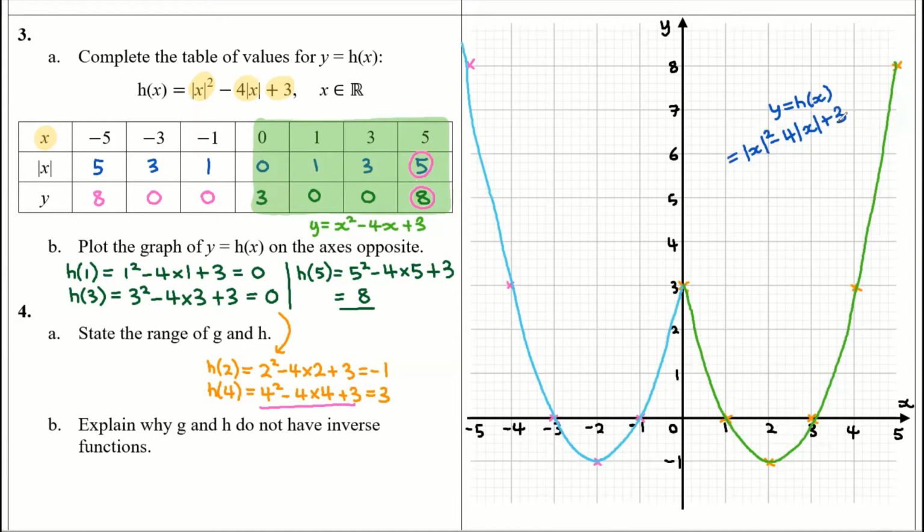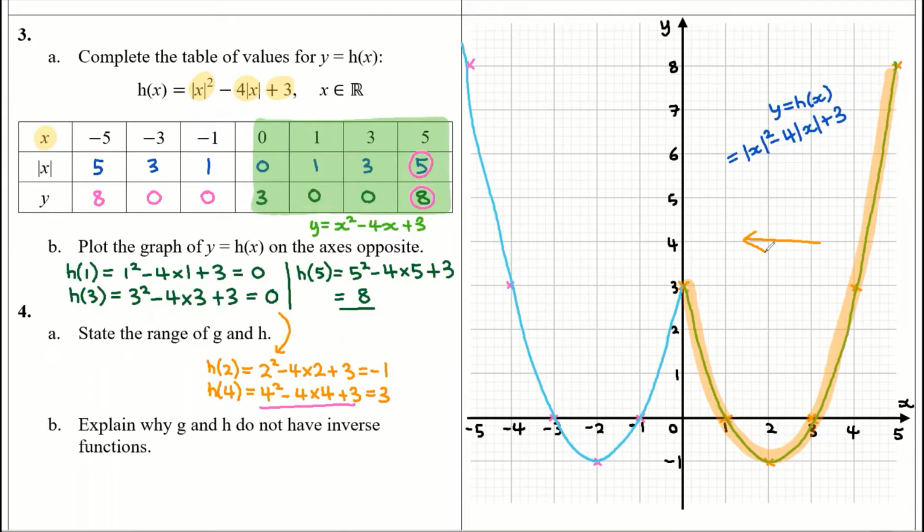So what's going on? It's as if we take the whole of the positive side of the graph as normal with no change. This is as you would expect without the modulus sign. And then what happens is all of that just gets reflected in the y-axis. So everything is reflected that way, and it's a mirror image.